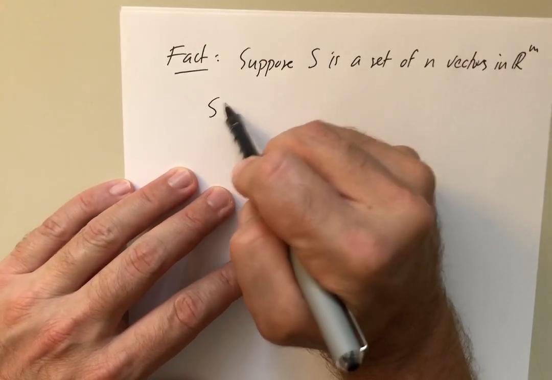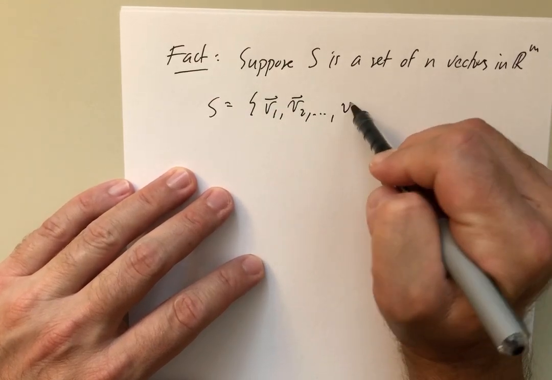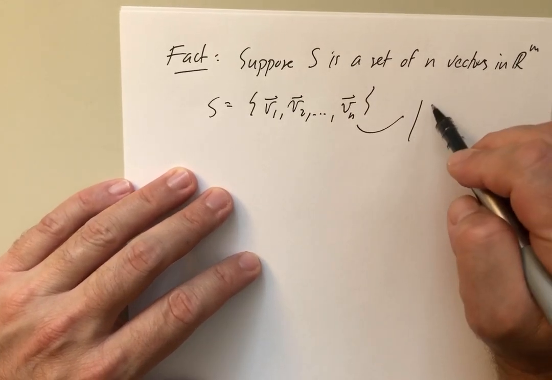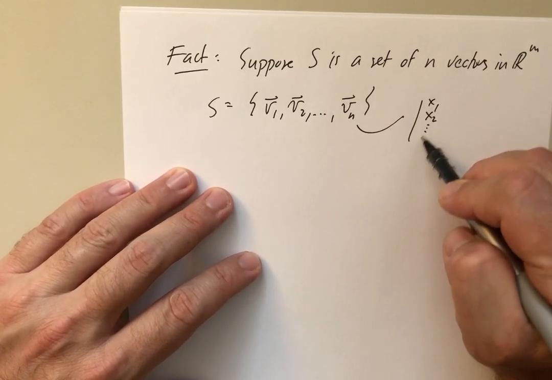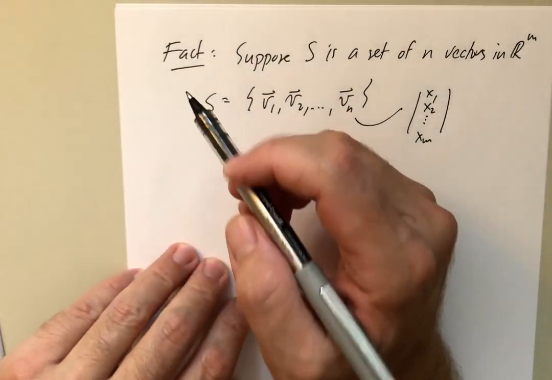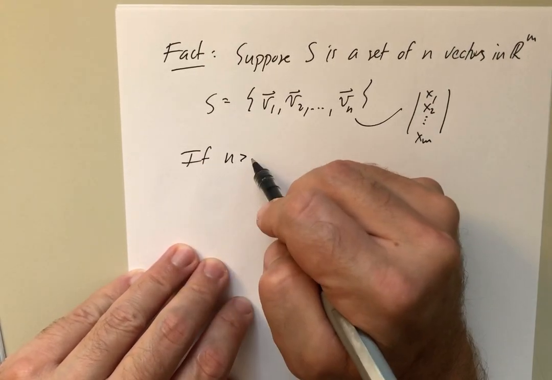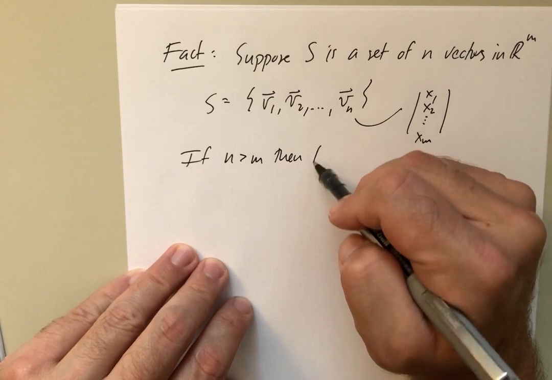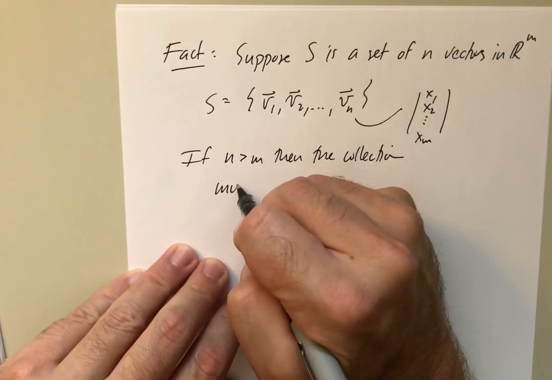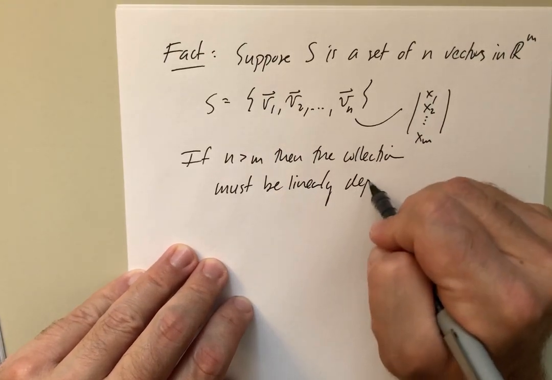It means that S is {v1, v2, ..., vn}, and each one of these has m entries. Well then, if n is bigger than m, then the collection S must be linearly dependent.